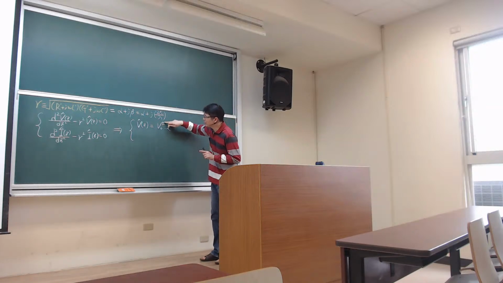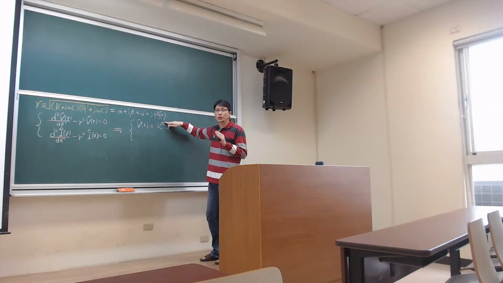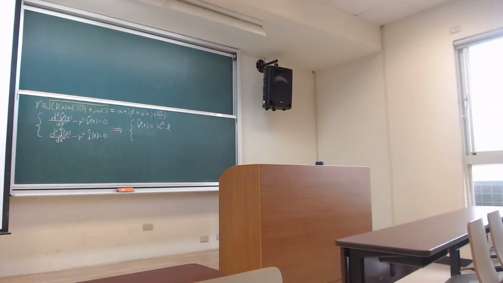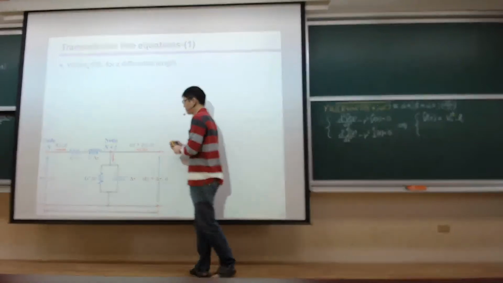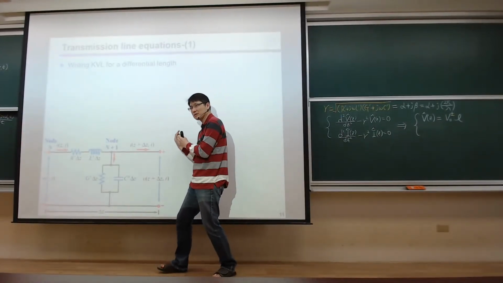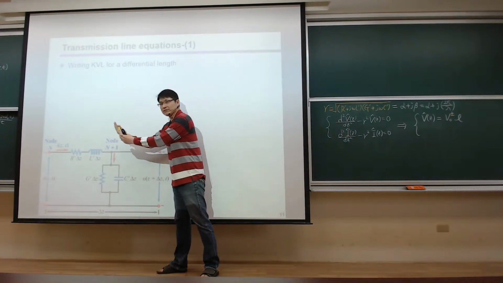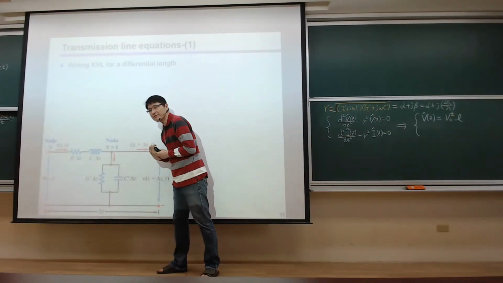So V0 plus means I have a positive propagating wave. Meaning in this figure, positive means a wave is traveling from the left to the right. So this is defined as a positive propagation direction. If I have a wave propagating from the right to the left, this is defined as a negative propagation wave.